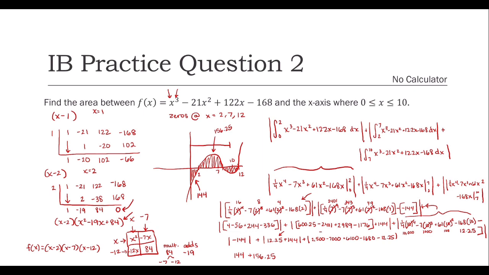So this is negative 92.25. So the absolute value of that is going to be positive 92.25. So this means that the area here till 10 is 92.25. So the total area from 0 to 10 is 392.5 units squared.